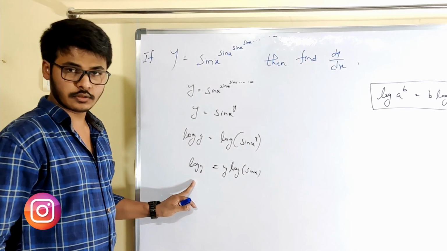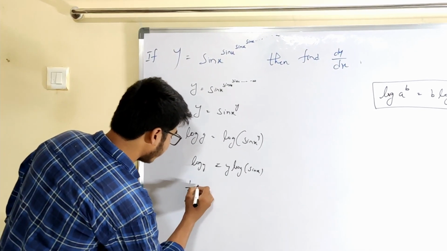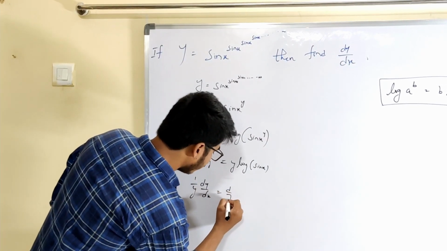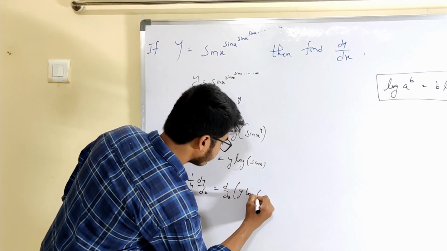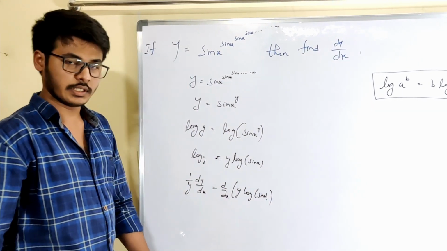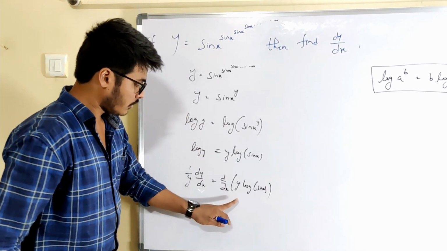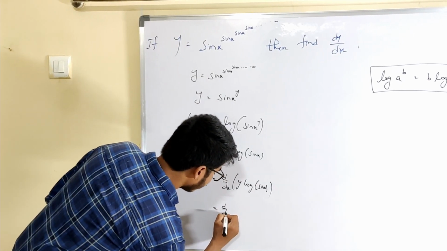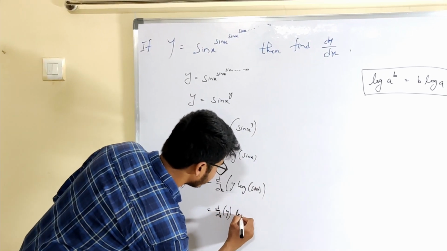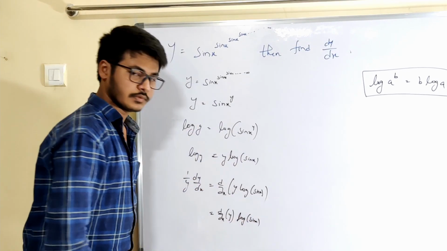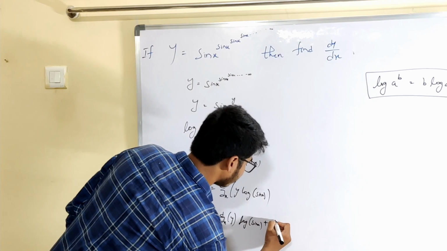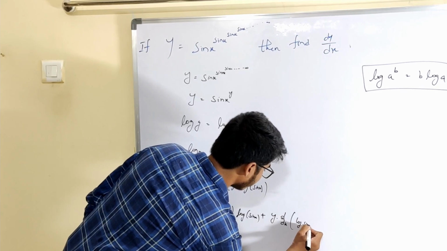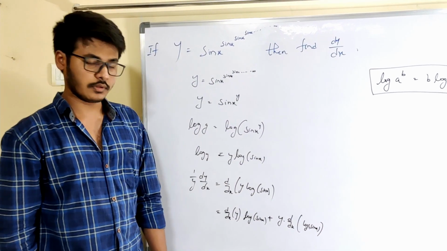So d by dx of log y is 1 by y into dy by dx, and d by dx of y log of sin x. Now this is in the form of d by dx of uv. So d by dx of y into log of sin x plus y into d by dx of log of sin x.